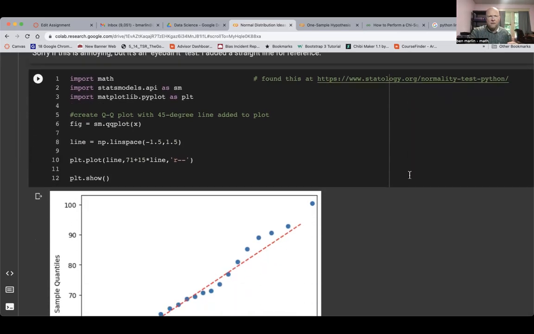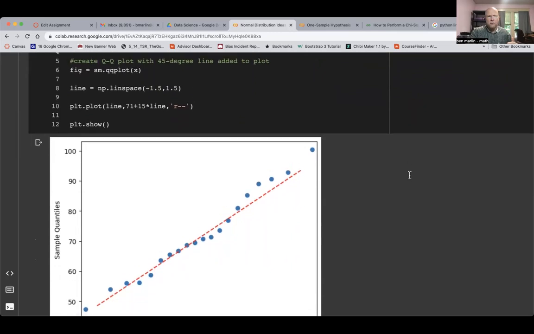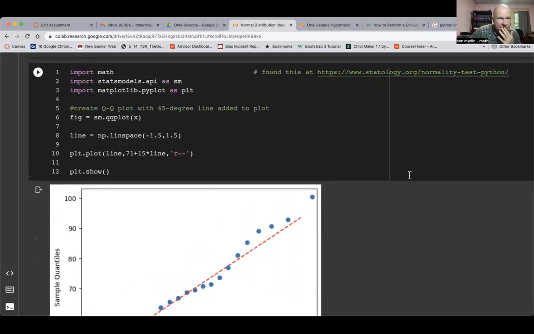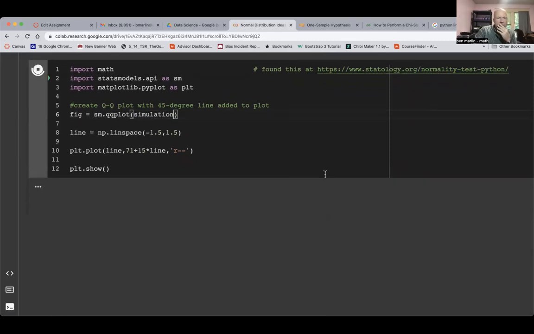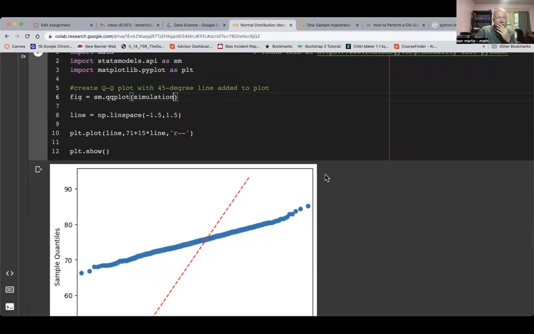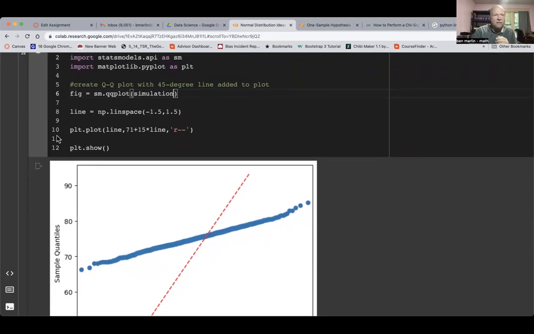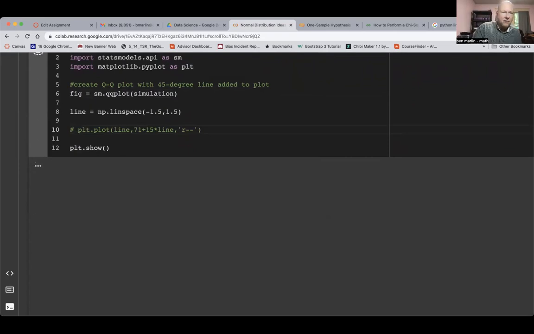Okay. So here's what happened when I did this. Was I doing it with X? I should try to do it with simulation and see if that helps. Simulation. Okay. And then the straight line that I put in there isn't really relevant.